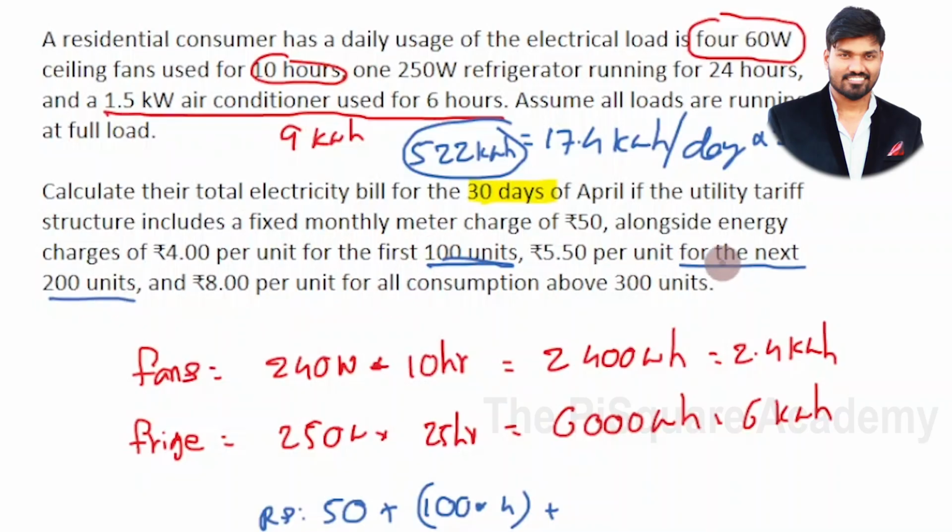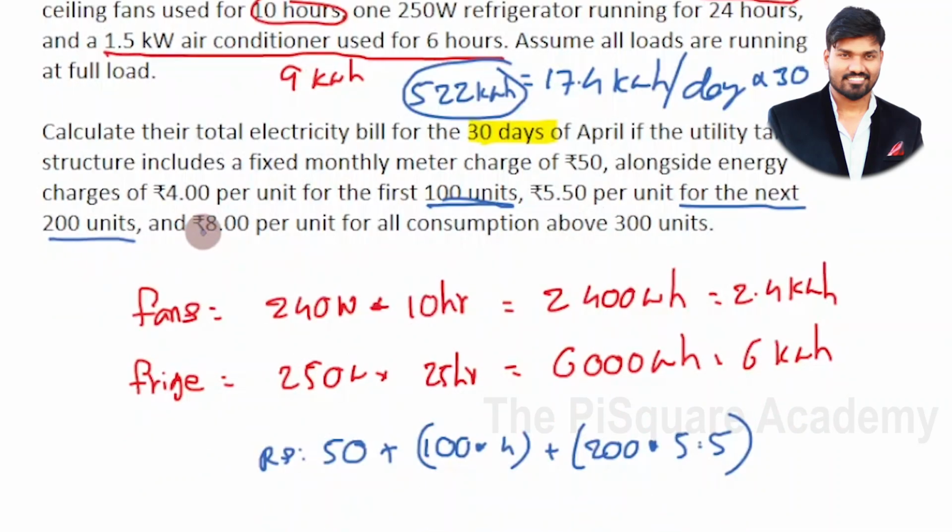It is said for the next 200 units, the price is 5.5 rupees. You have to be careful here. Sometimes they will say from 100 to 200. But here it is said for next 200. 100 plus 200 is 300. Above this 300, the price is 8 rupees per unit.